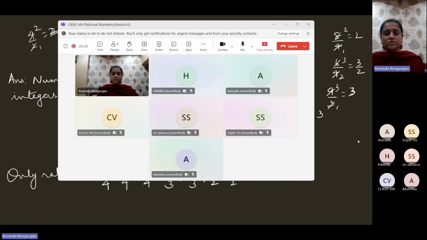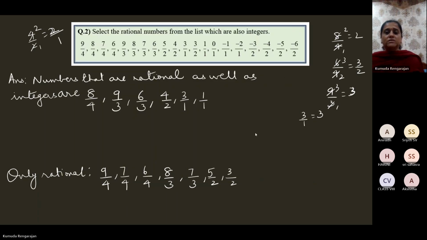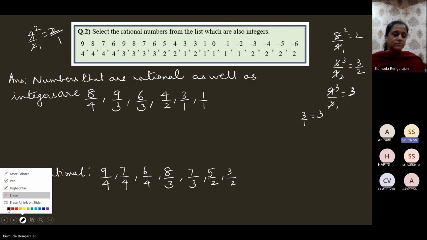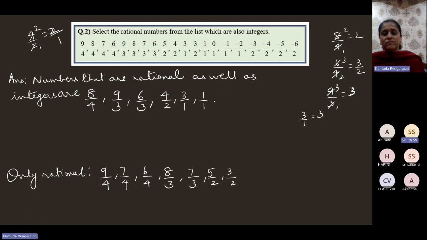Okay, Srijit, 0 by 1. Ma'am, rational. What's the value of 0 by 1? 0. Yes, rational as well as integer. Very good.